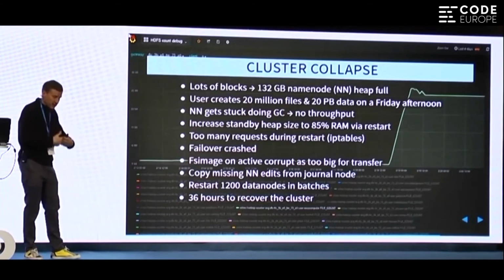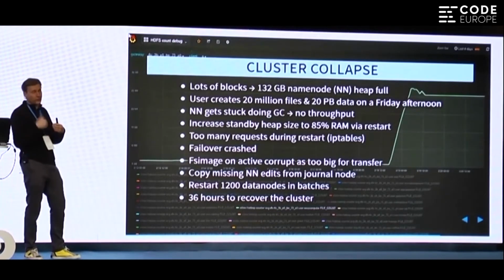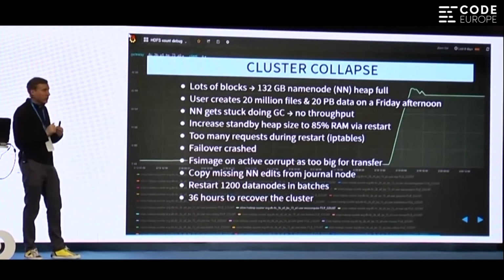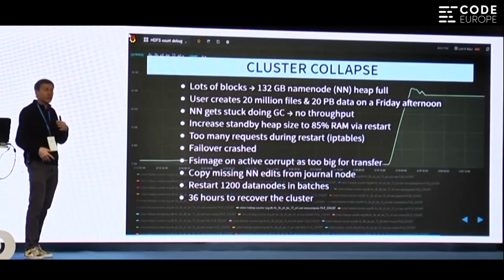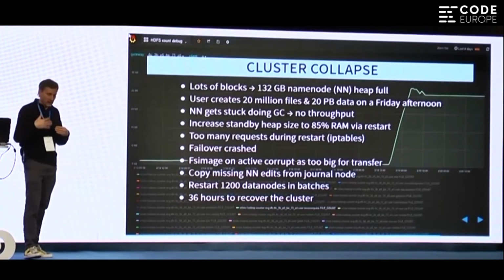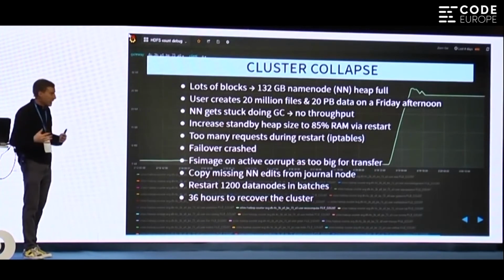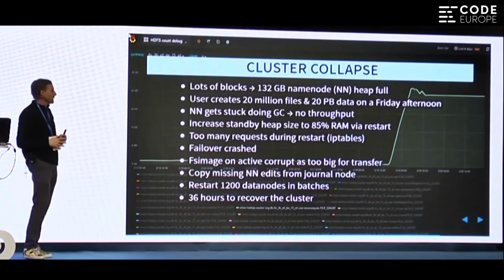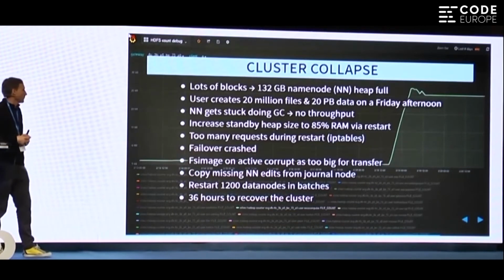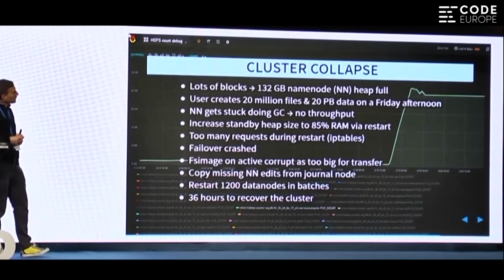We did that by isolating it from the data nodes, because 1,200 data nodes all sending information to the name node at the same time as it was trying to rebuild its data structures just killed it. So we used IP tables to isolate the name node from its data nodes. And once the name node was stable, we started to reconnect the data nodes rack by rack. So we spent the whole weekend fixing that.